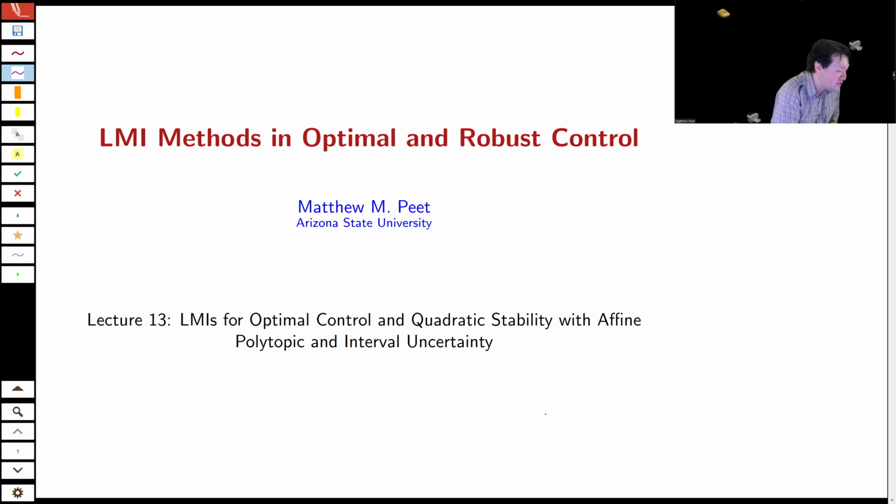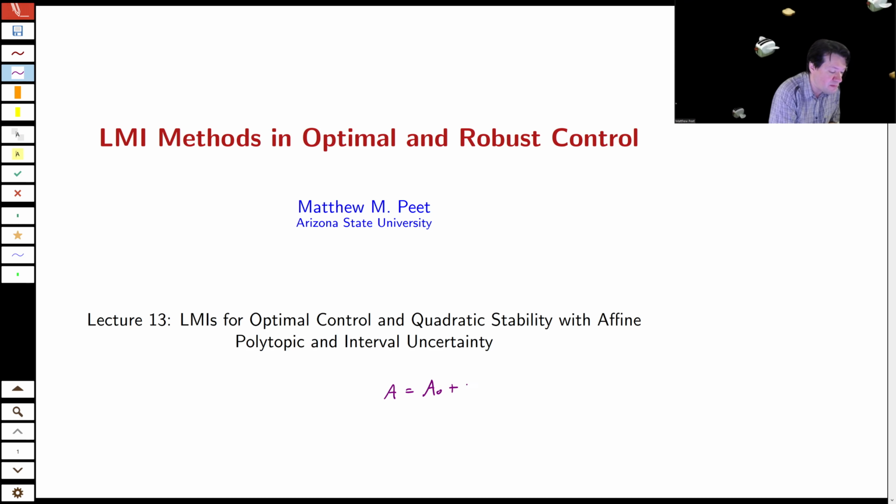Consider the special case where our uncertainties in our system parameters, or state space system parameters, have the form of additive, affine, polytopic, and interval uncertainties. So we have a nominal matrix.